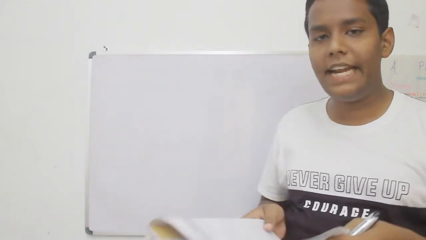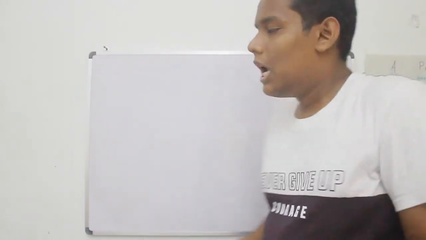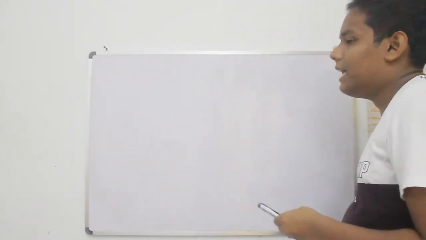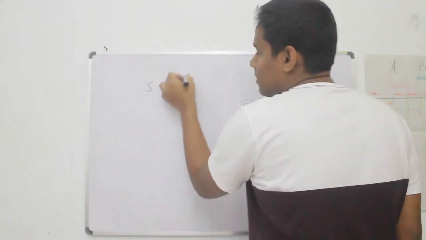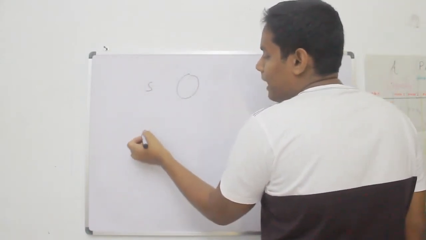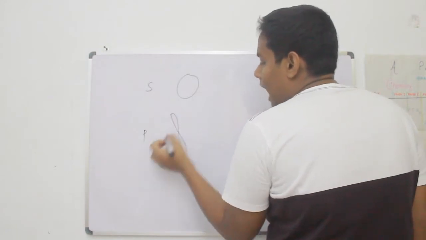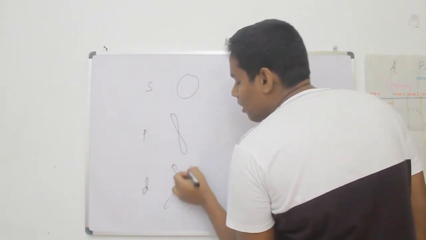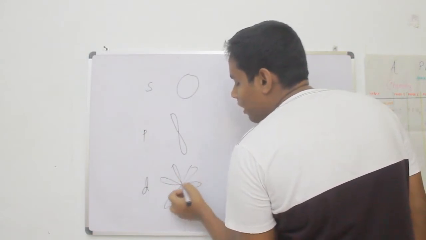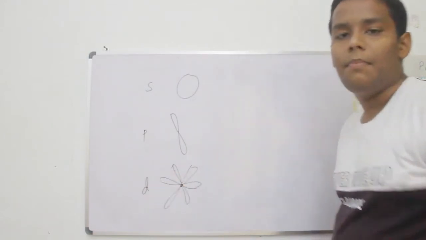So, associated with the shape of an atom, actually it's l and ml. Now, l is the azimuthal quantum number. It gives you the type of subshell. So, if it is s, it should be spherical. If it is p, it will have to be dumbbell. And if it is d, it will have some other, more complex shape.